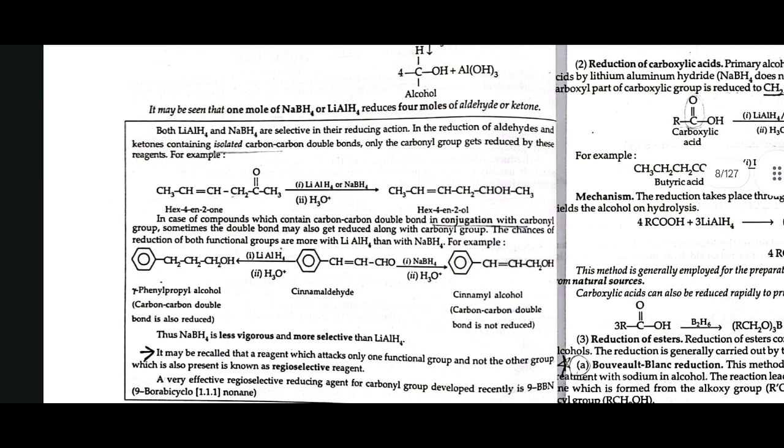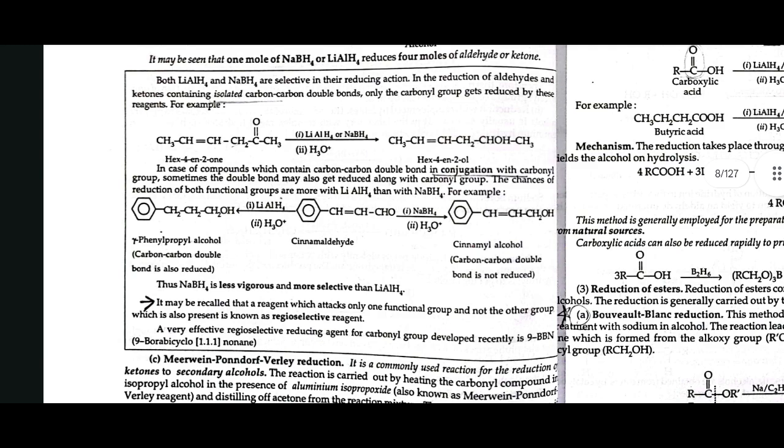Both LiAlH4 and NaBH4 are selective in their reducing action. In the reduction of aldehydes and ketones containing isolated carbon-carbon double bonds, only the carbonyl group gets reduced by these reagents. In the case of compounds which contain a carbon-carbon double bond in conjugation with the carbonyl group, sometimes the double bond may get reduced along with the carbonyl group.